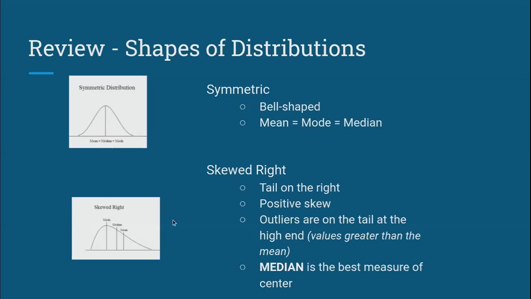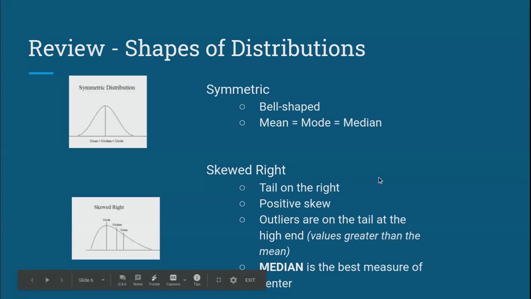But now, if it is a right skewed distribution, here again, that means the tail is on the right. It's called a positive skew.